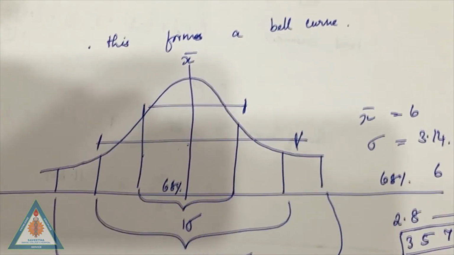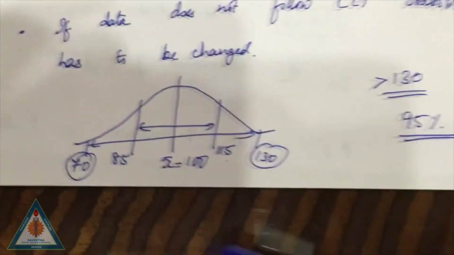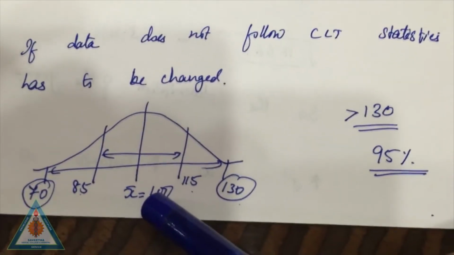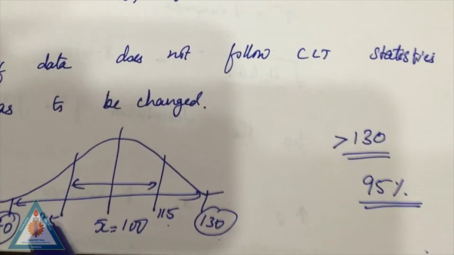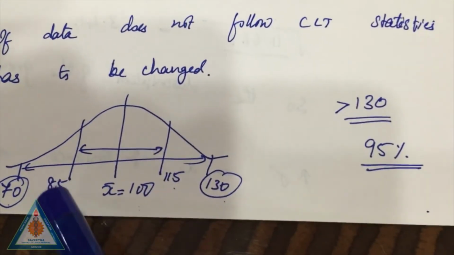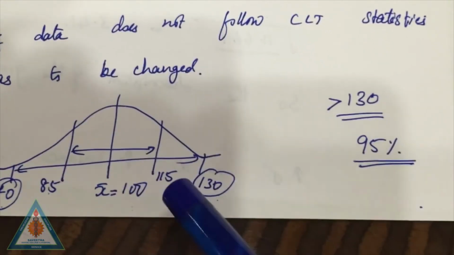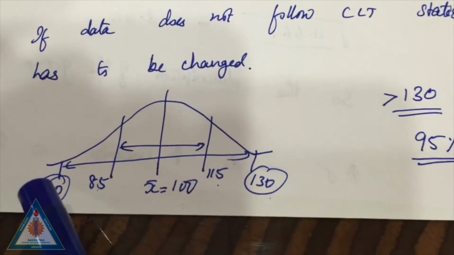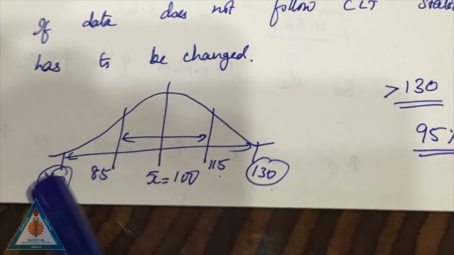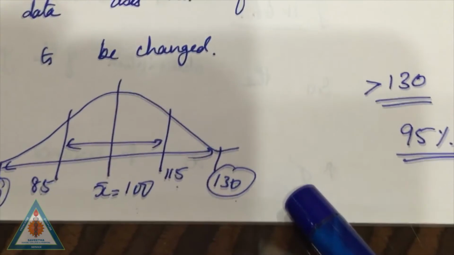So, for example, if the mean IQ of a population is 100 and the standard deviation is 15, we can say 68% of the people in the world will have an IQ of 85 to 115, and 95% of the people will have an IQ between 70 and 130.